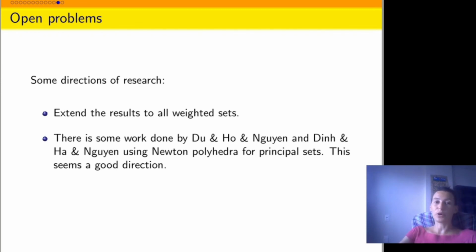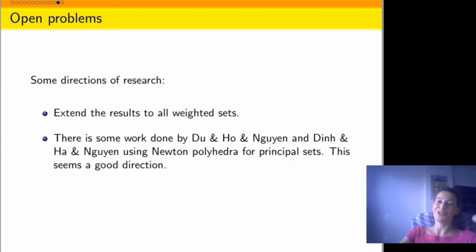There is also some work by Vietnamese mathematicians. I have given here two teams that gave papers, and they are using Newton polyhedra for principal sets, so for closed semi-algebraic sets given by an inequality f bigger or equal than 0. Then one can find the relative degree of polynomials in terms of the Newton polyhedron of f and of g, how the slopes interact, more or less.